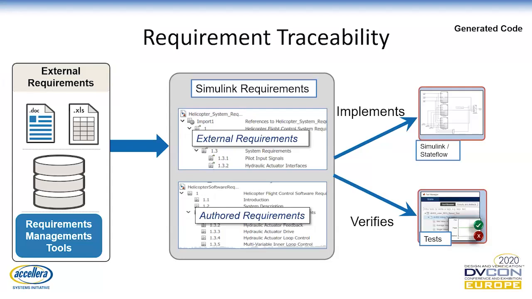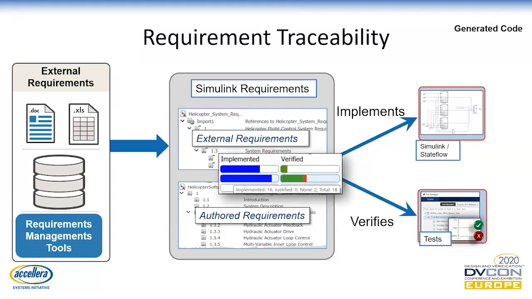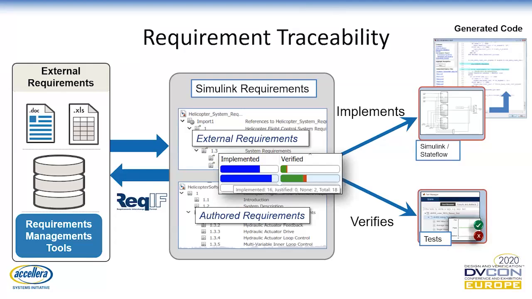This allows generating traceability matrices, and after that this information can be exported back into the main requirement database. And if you are generating code from our models, either C, C++ or RTL code, the requirement information is propagated down to the generated source code as a comment.